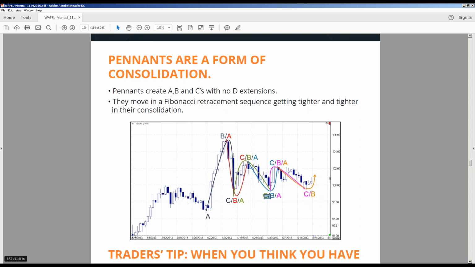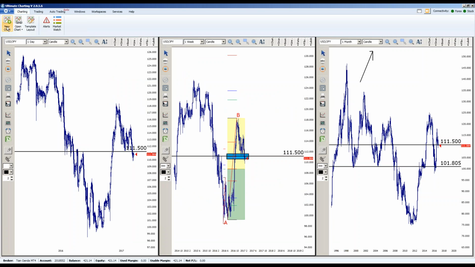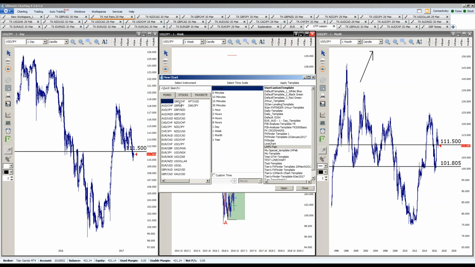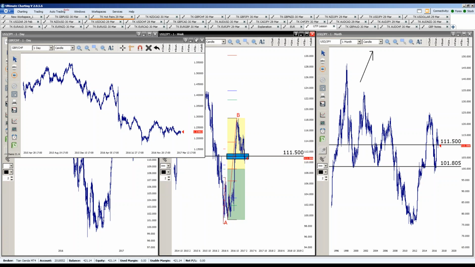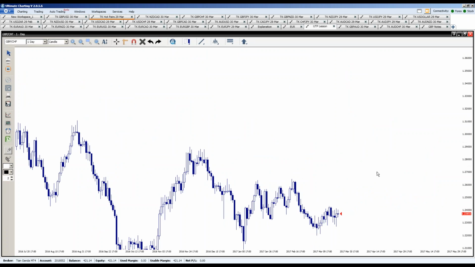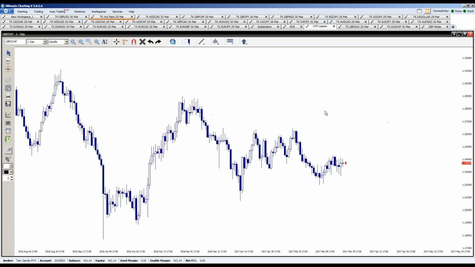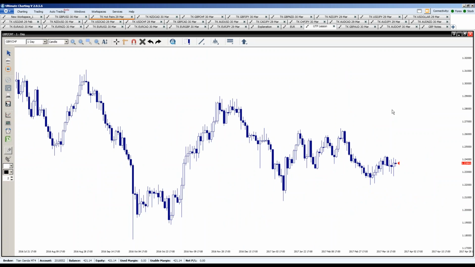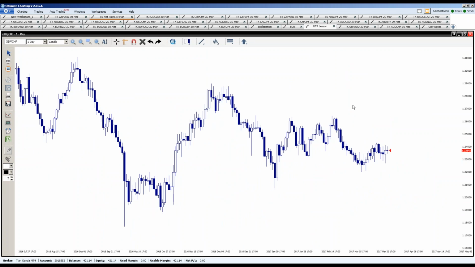Right. To give you an idea of a pennant, on the pound Swiss franc, we have a massive pennant over here. Look at the most recent market movement. Look at that picture. Can you visually see the pennant?